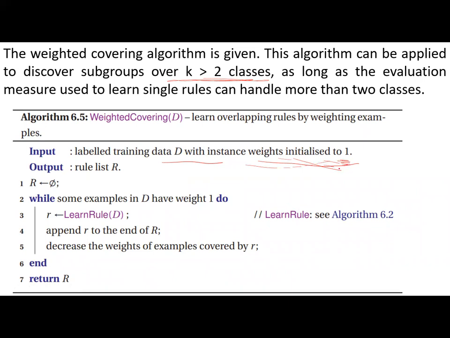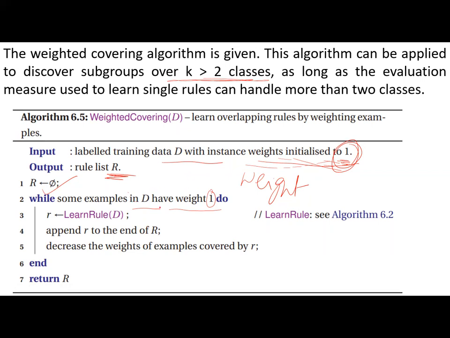Now we create the rules list, initially empty. While some examples in D have weight 1, take one of the examples that has weight 1.